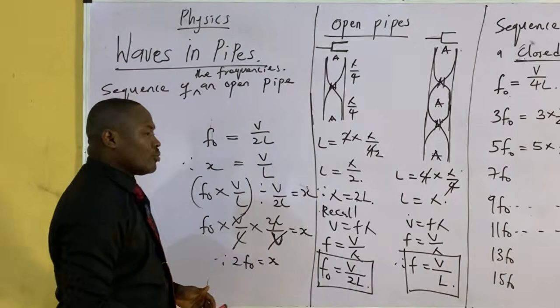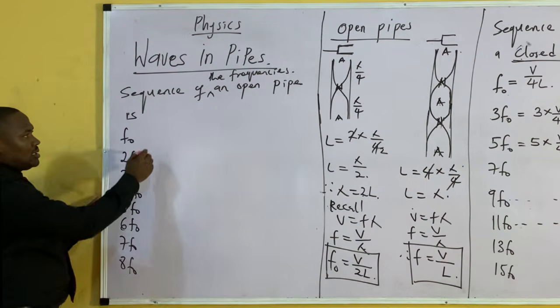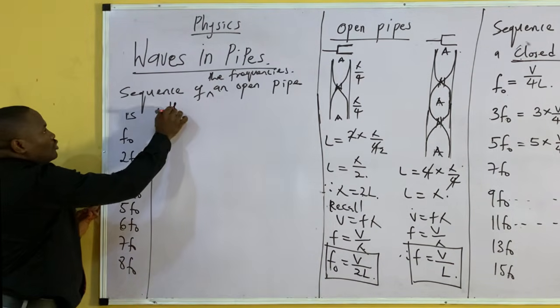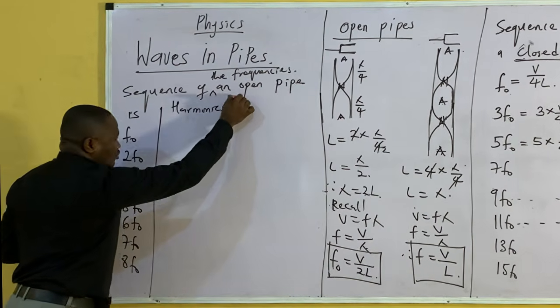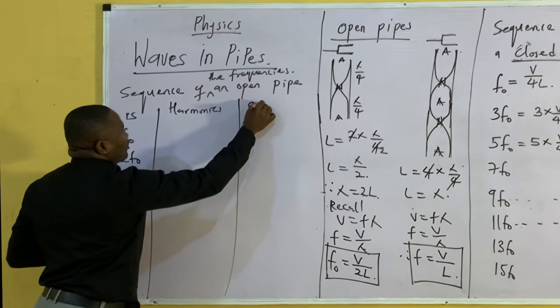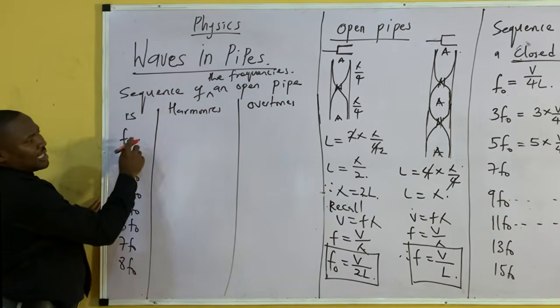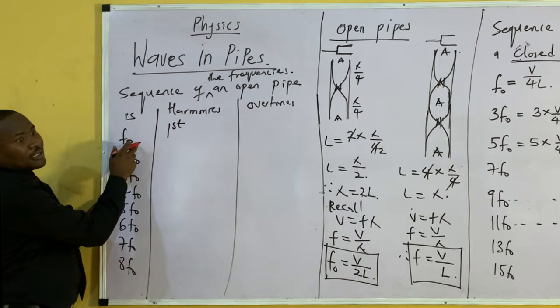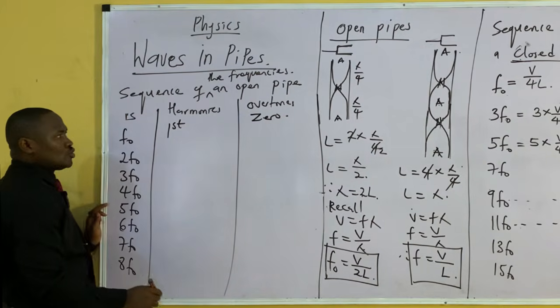Now, let's see this in terms of harmonics and overtone, just as we have over there. This is now your first harmonic, or your fundamental frequency, while this is your zero overtone.